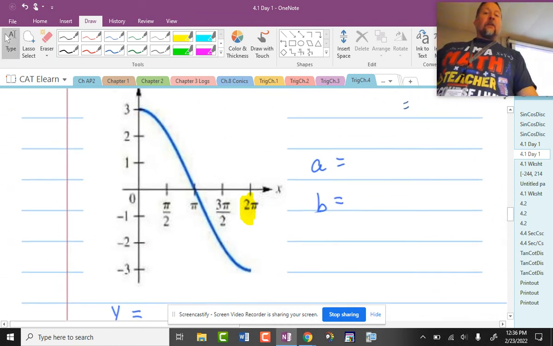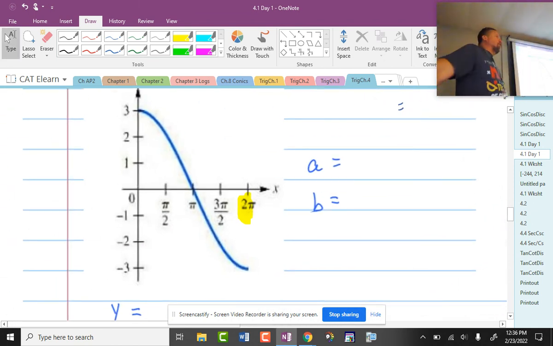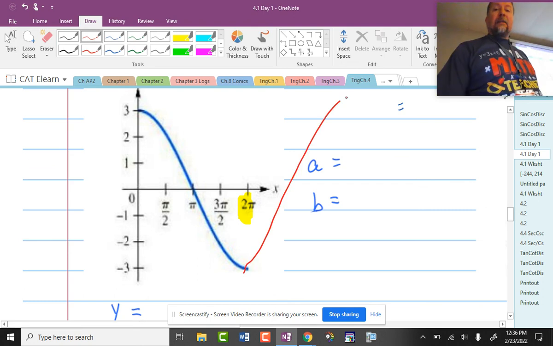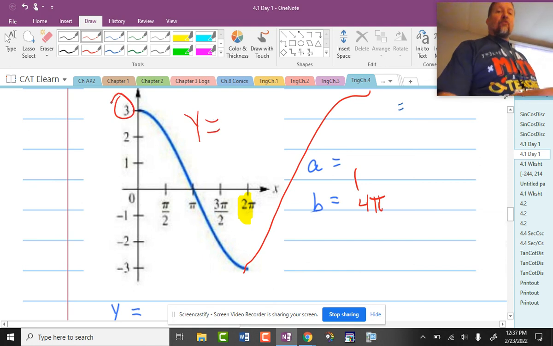So we'll end with this one. By the way, as you're packing your stuff up to 2 pi, what do you see here? Do you see cosine or sine, first of all? Do you see all of it or what fraction of it? You see half of a cosine. So that means the period is actually 4 pi. So that means this is y equals 3 for the amplitude.